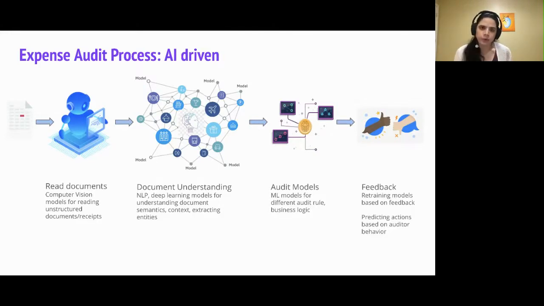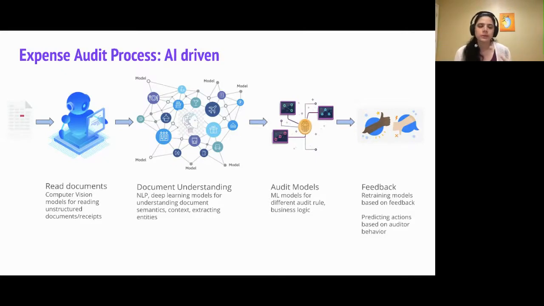Now, once we have pulled all the words, the next step is to understand what they mean. A human auditor can easily read the words and understand what they mean. But for the AI, we have to go through a series of steps to train it to figure out what the connections are, what the context is, and what the semantics are. These are models that give us a deeper understanding of the receipts.